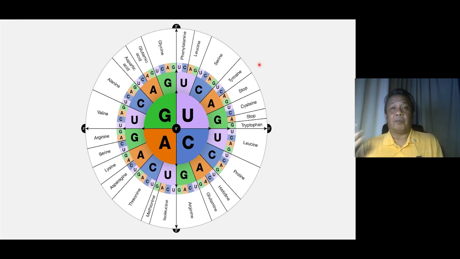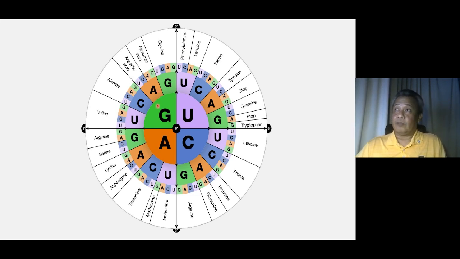But these 4 bases are arranged in a code, which is called the genetic code, and then you can read it from here, meaning if it's UUU, it's called phenylalanine. If UUC, it also means phenylalanine, but UUA means leucine. So this is what you call the genetic code wheel or whatever.